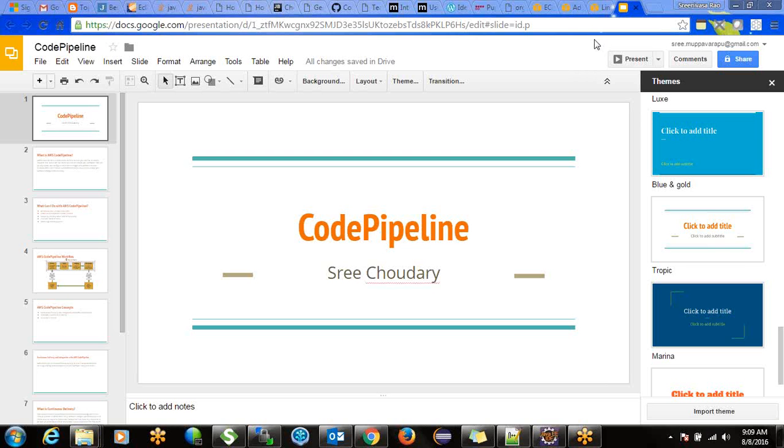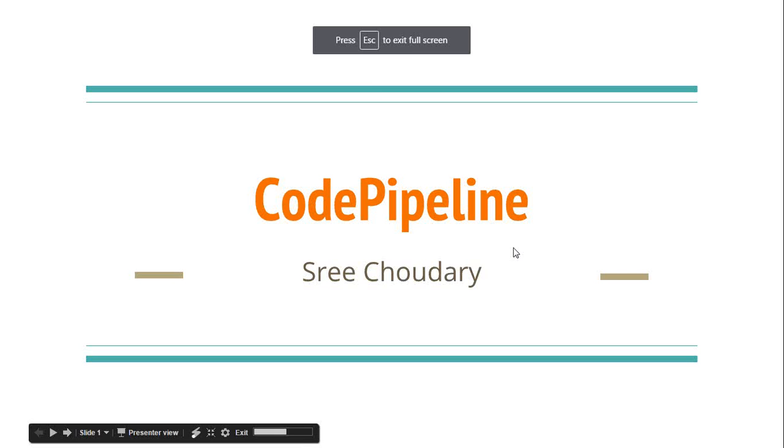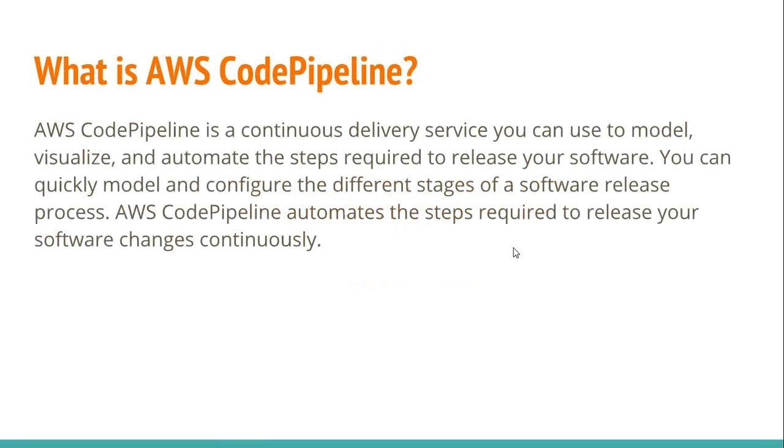Today we are going to discuss AWS CodePipeline. So AWS CodePipeline is a continuous delivery service.